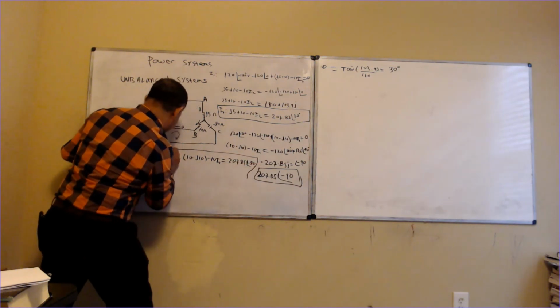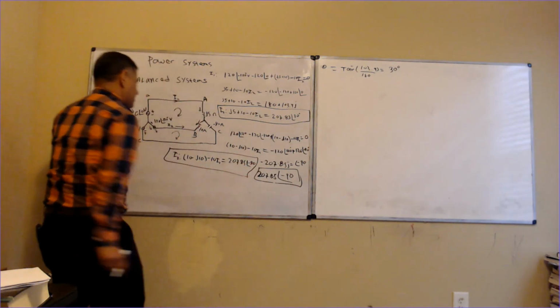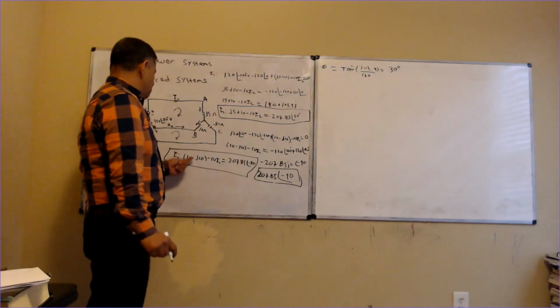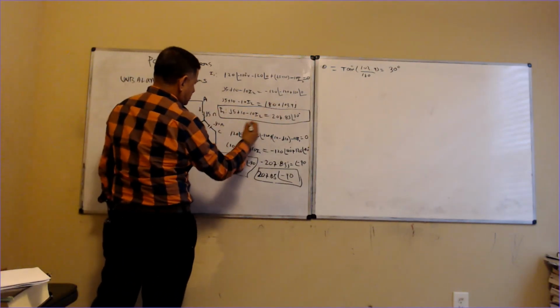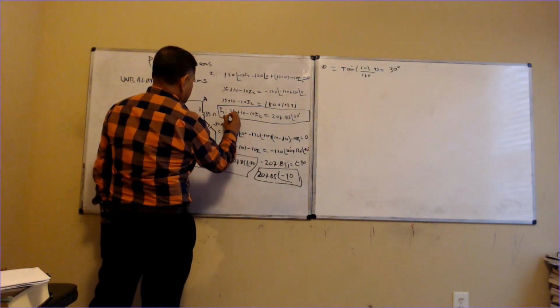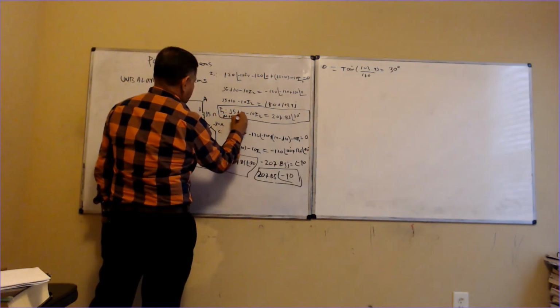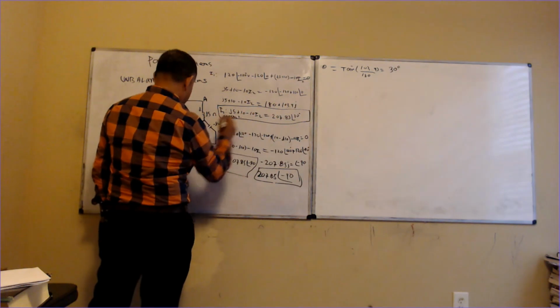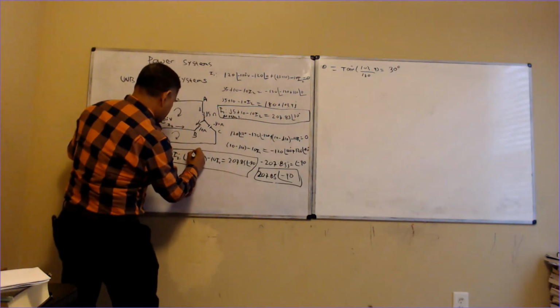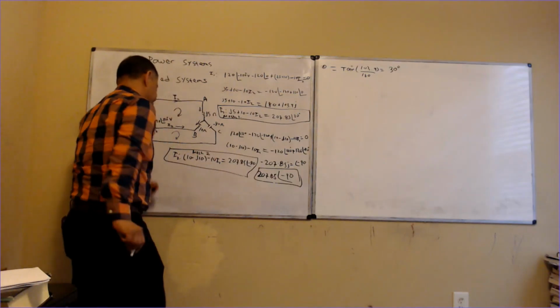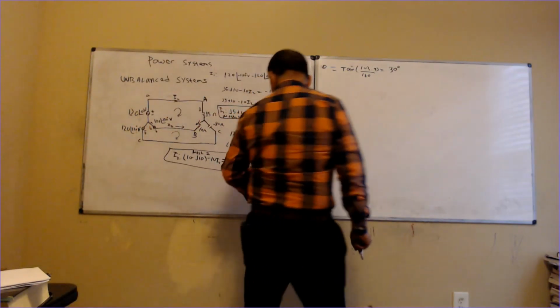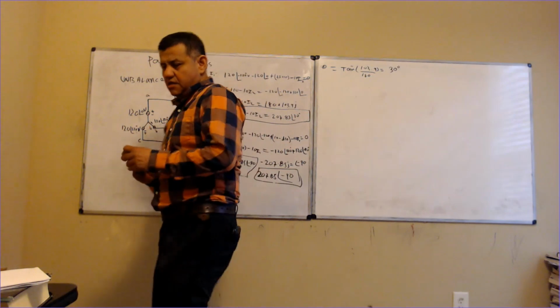Okay, so that is the second equation, right? So this is mesh 1. You can call this mesh 1. You can call this mesh 2.